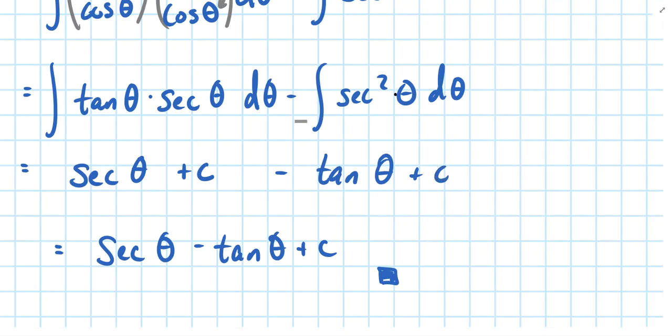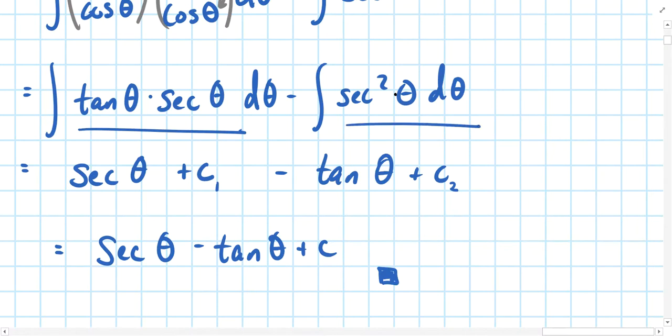Now we do have to be a bit careful and a bit more deliberate with our c values. This c value on the left is not necessarily the same as this c value on the right. So unlike the fundamental theorem of calculus, when we subtract two integrals, the c values would cancel. That's not necessarily going to happen here. We would essentially need an initial value for both this function and this function to verify our c values.